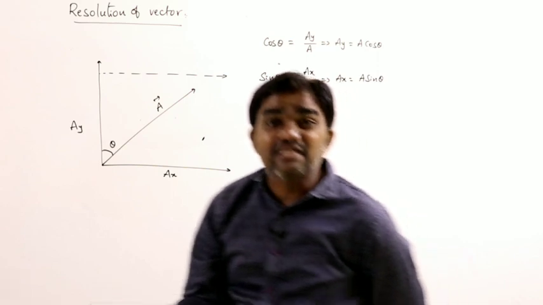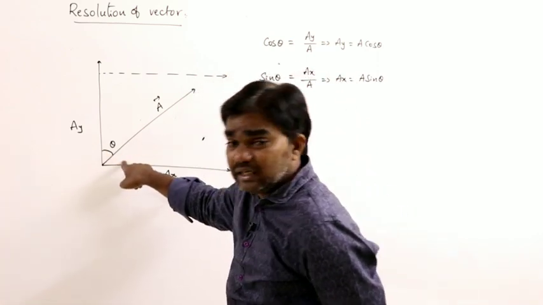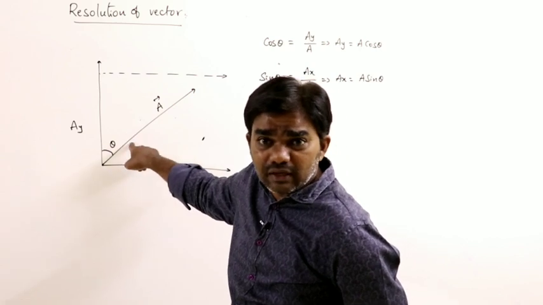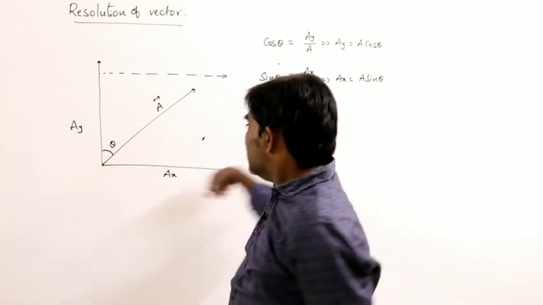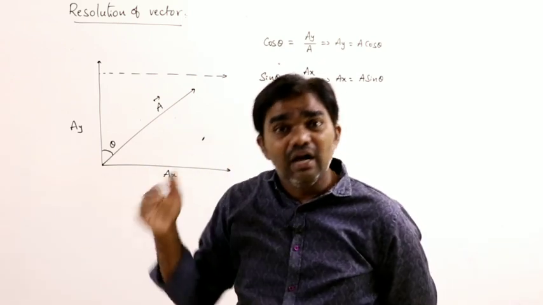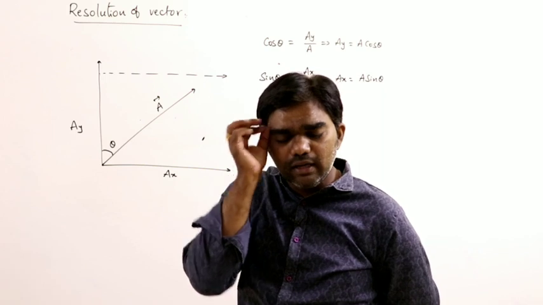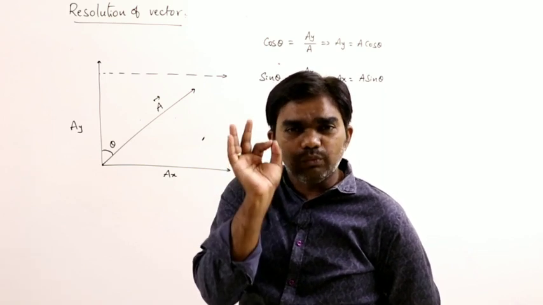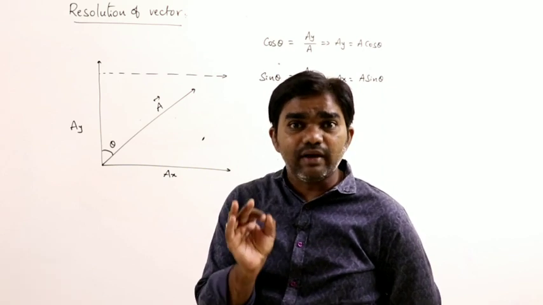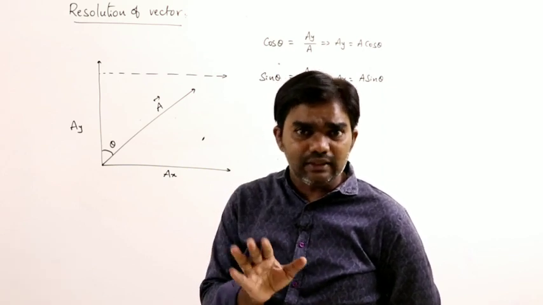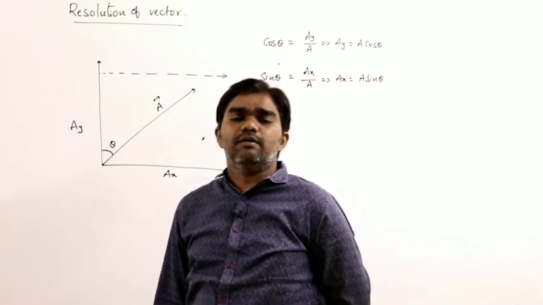In the previous case, the vector A bar makes an angle theta with the horizontal. So that's why the horizontal component becomes cos theta and the vertical component becomes the sin theta component. So blindly you remember this sentence: with what axis the vector makes an angle theta, that is the cos theta component.